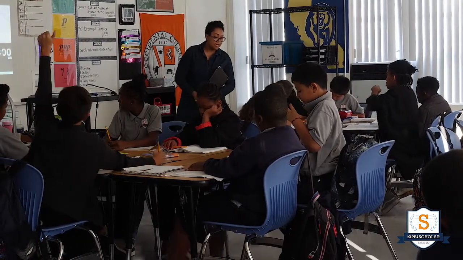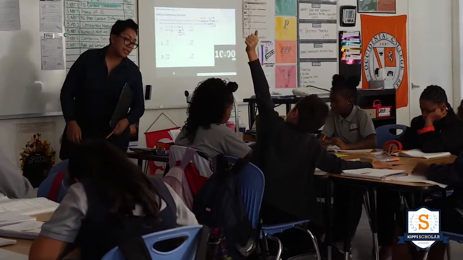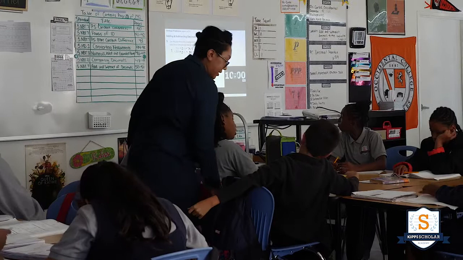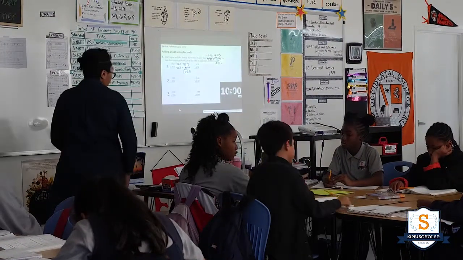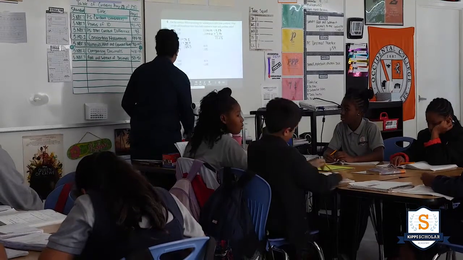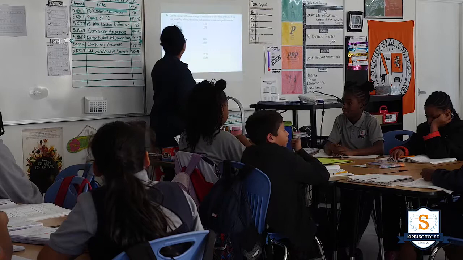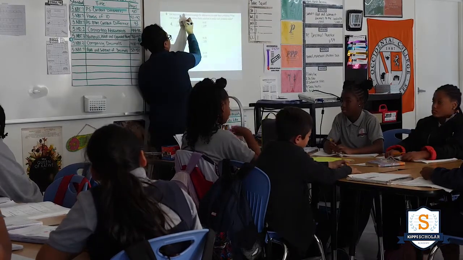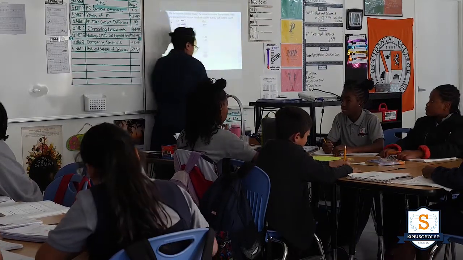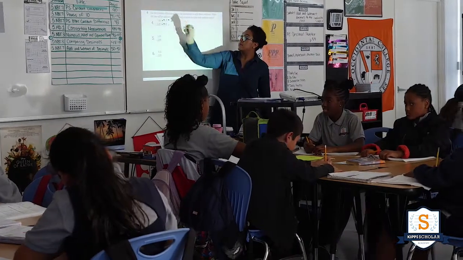Alright, so I see Mackenzie doing number 4 really well. So Mackenzie, tell us, how did you use constant difference for number 4? Mackenzie, what did you do? So, I added 11 hundredths to 7 and 78 hundredths. And what is your new problem that you got? 4 and 81.